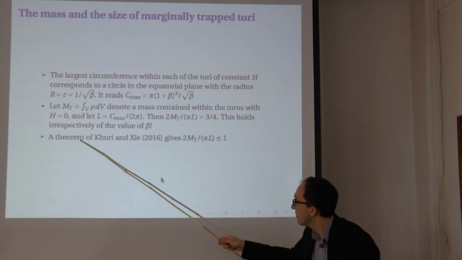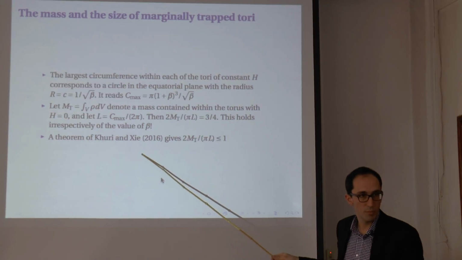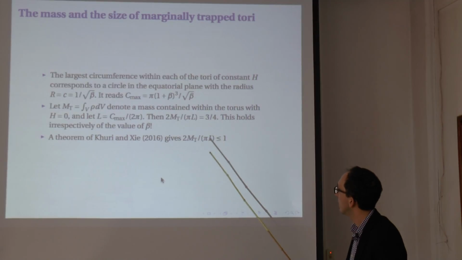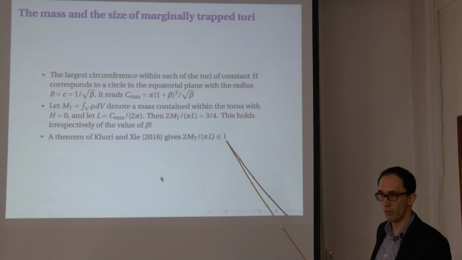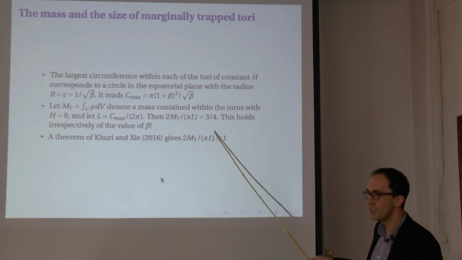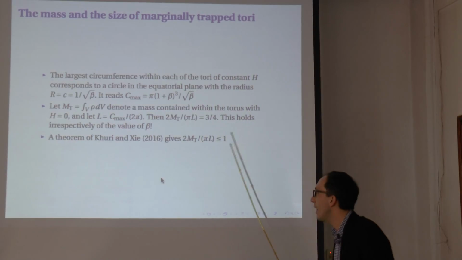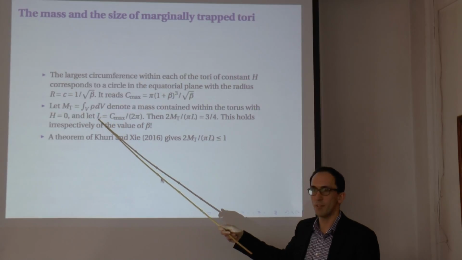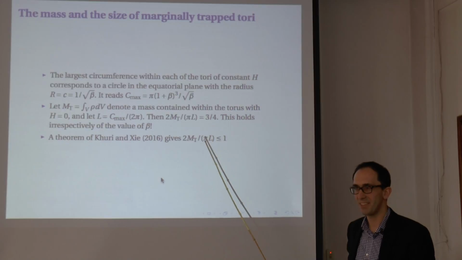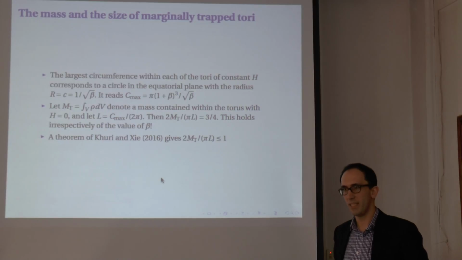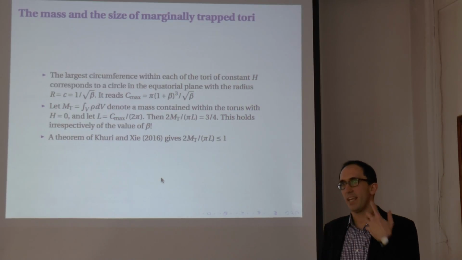Now, the theorem by Curie and Xi gives you basically that it has to be smaller than 1. Right? So it survives. If you make a mistake and take the wrong radius here, then you will see that something is wrong. So basically that's the technical part.